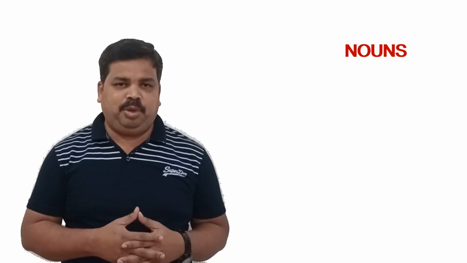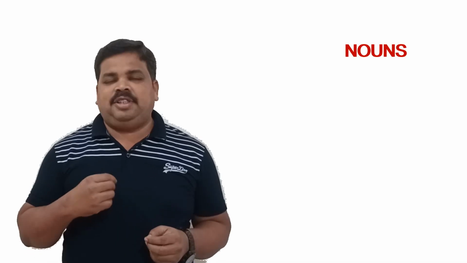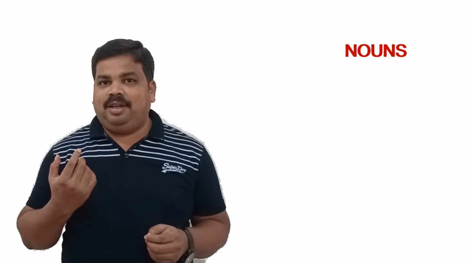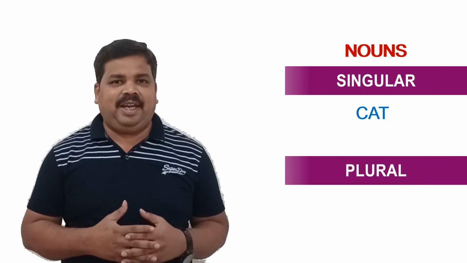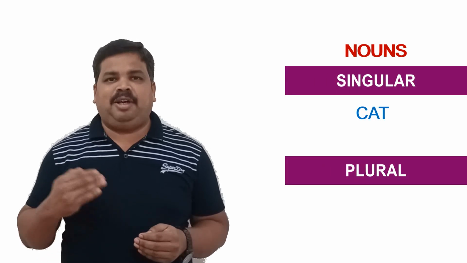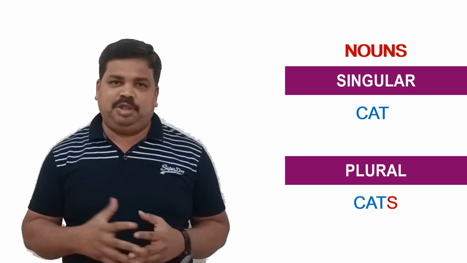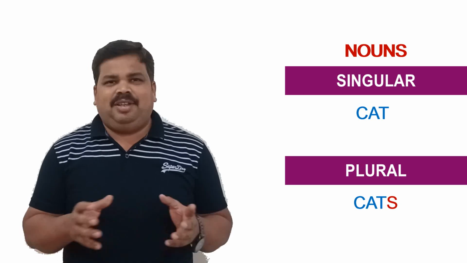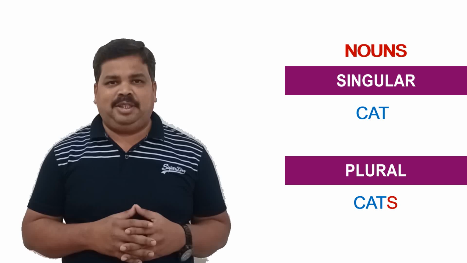Well, this learning applies to nouns. We have applied singulars and plurals for nouns and of course pronouns. When something is like one cat, we call it cat, which is singular, and when there are many, we call them cats, which is plural. Look at a very common aspect here.